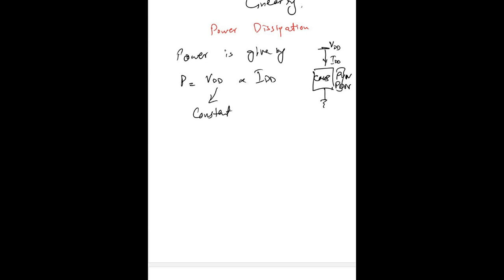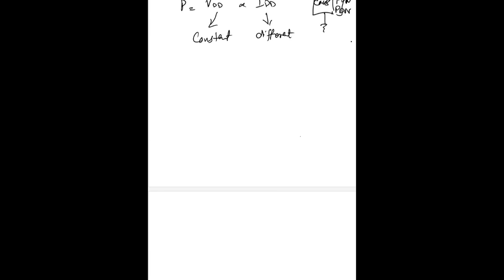This doesn't change, but the current flow, obviously this current can be varied, this could be different, because this depends on the configuration of our circuit, how our circuit behaves.